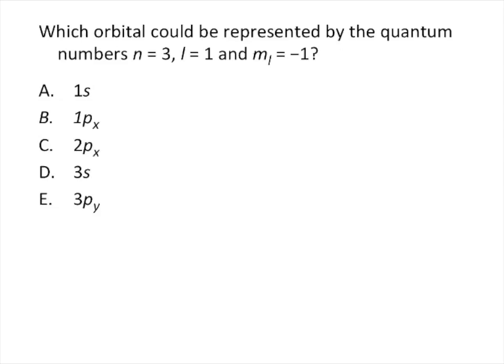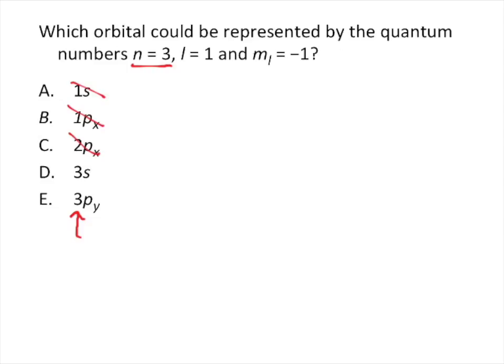Starting with n equals 3, the principal quantum number is 3. When we write these orbital designations, we write the principal quantum number first. So our answer is going to have a 3 in the front, which means we can cross off the 1 and the 2. That only leaves us with two options.